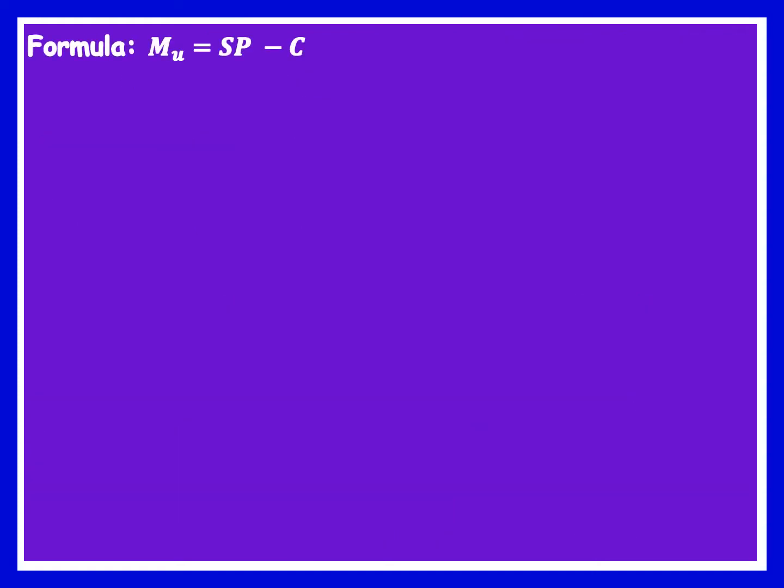So from the formula M sub U equals SP minus C, we can even manipulate this formula to arrive at the other formulas to solve for the value of the cost and the selling price. So let us solve for the cost muna. From the formula M sub U equals SP minus C, solving for C, we can have C equals SP minus M sub U. So we just transpose negative C to the left side and then transpose M sub U to the right side.